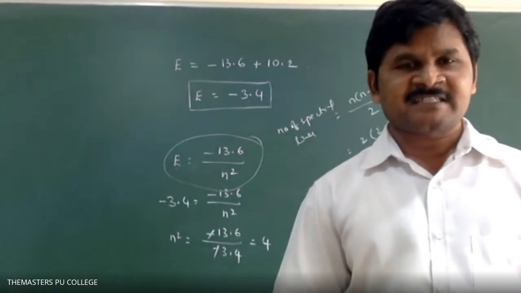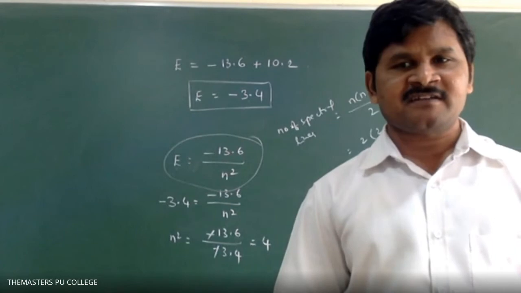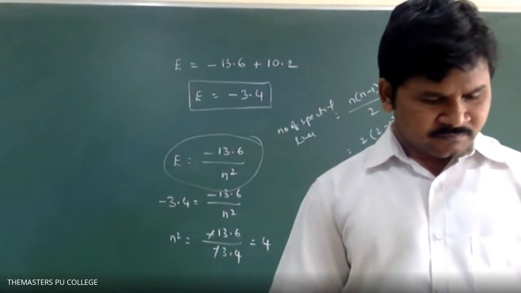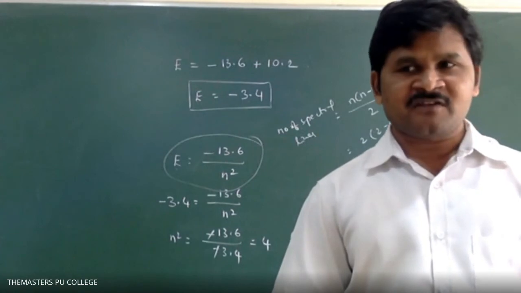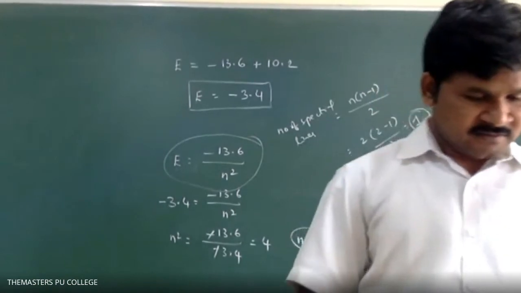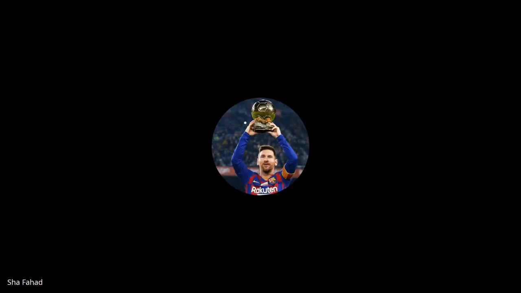So minus 13.6 by 5 square, which is minus 0.54. That is the answer: minus 0.54 electron volts.